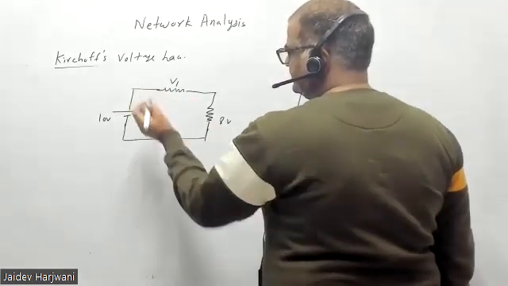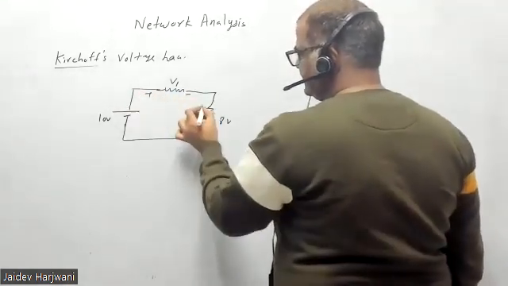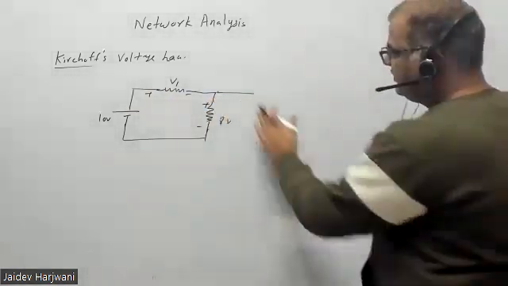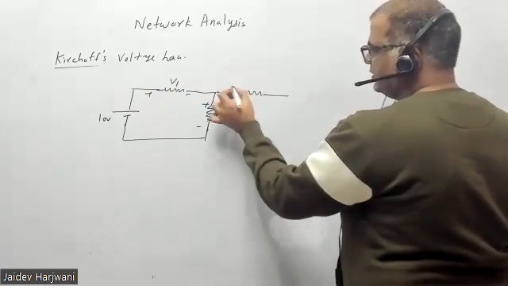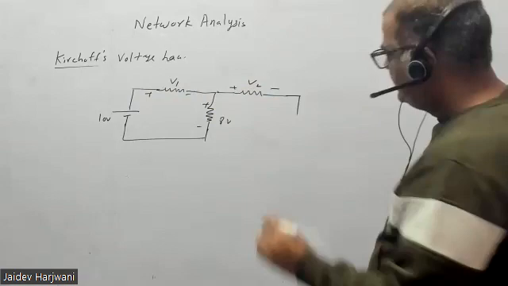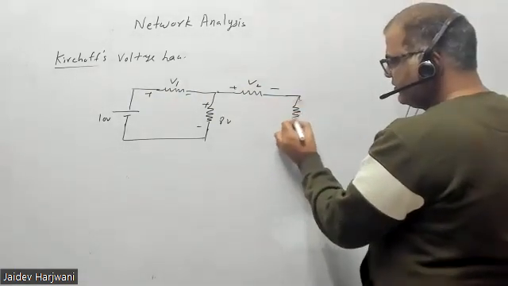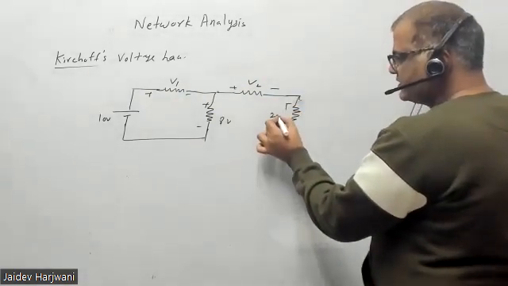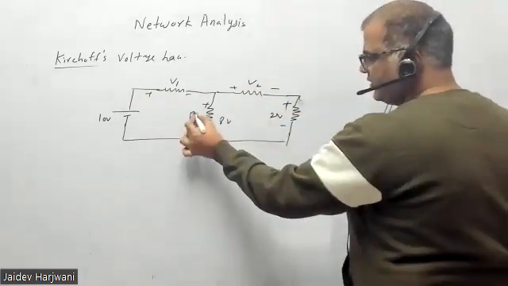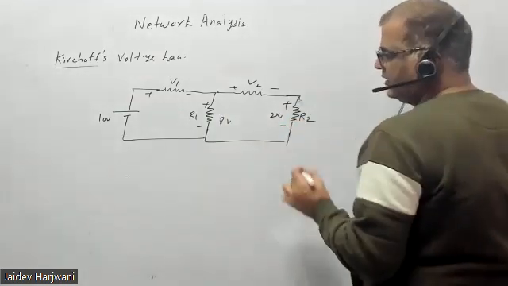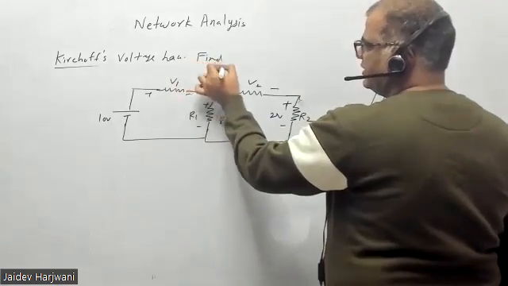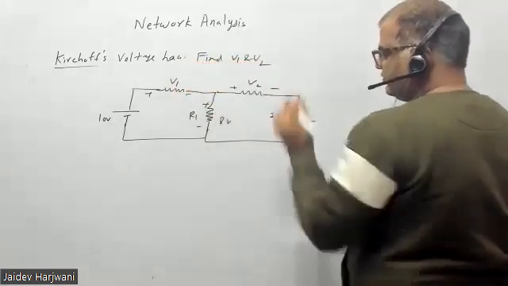So polarity you can take plus. This is 8 volt, and here you have V2, and you are putting here one more resistance. The resistance value you don't know, but you know the voltage is 2 volt. 2 volt drop is there. Say R1, R2, you don't know. So find V1 and V2. Tell me, what is V1, V2?